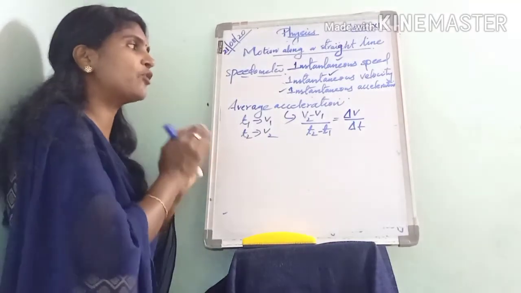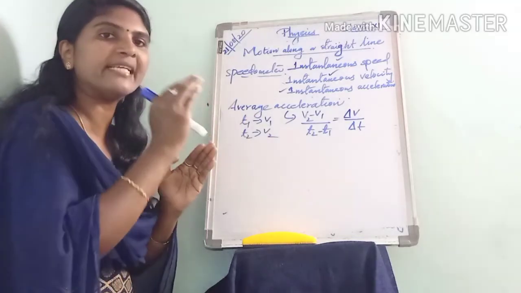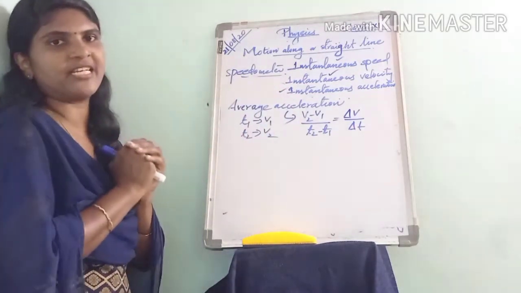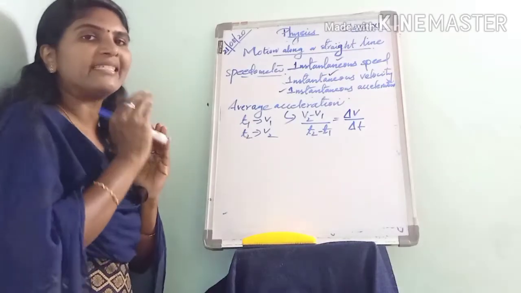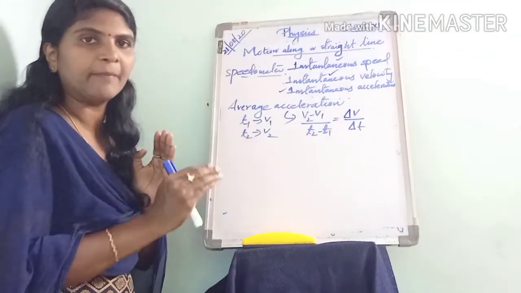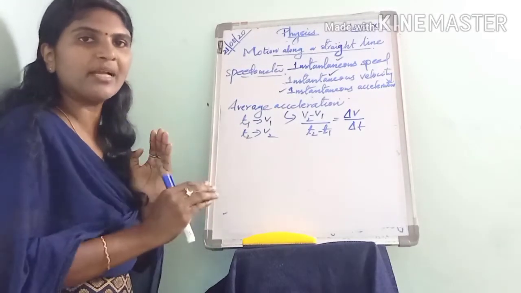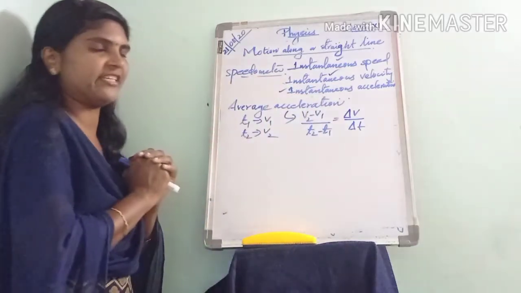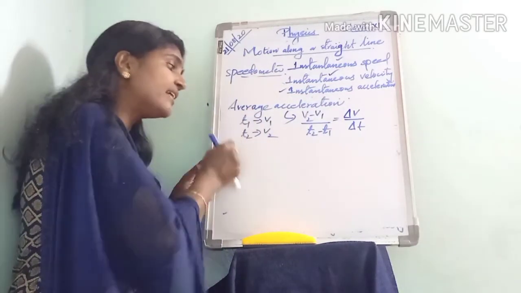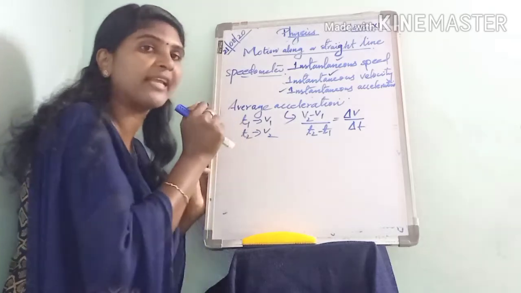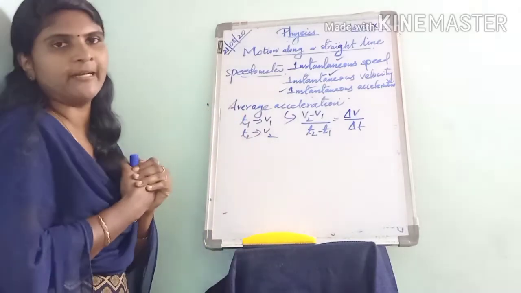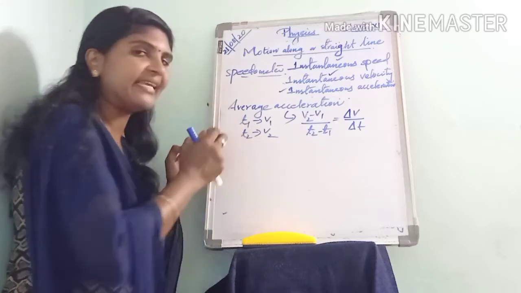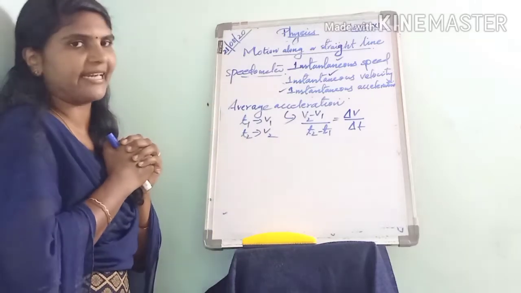The acceleration of a moving object at a particular instant of time is called the instantaneous acceleration. From the average acceleration we can measure the instantaneous acceleration.